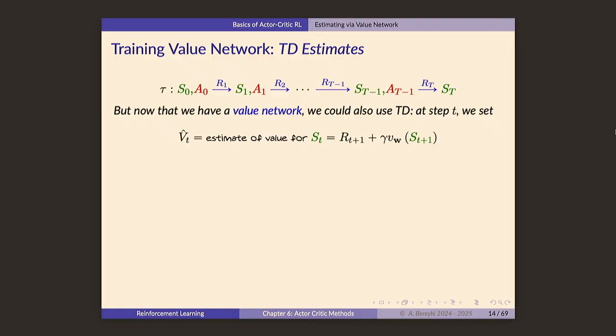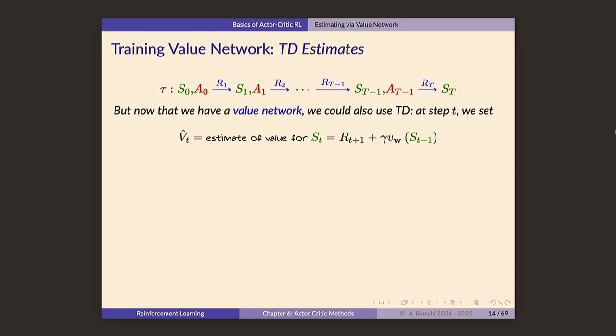I told you to take this as the label. But you could also use temporal difference. An estimator of the value of S0 is the sample reward I get plus the value of the next state. That is temporal difference, because of the Bellman equation.